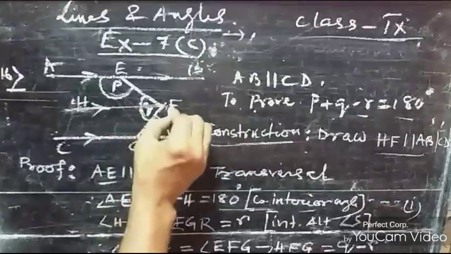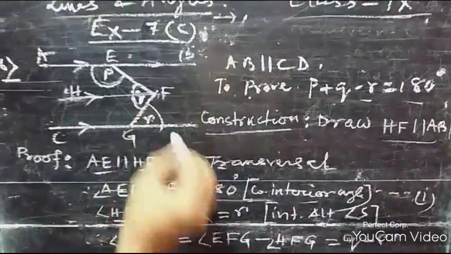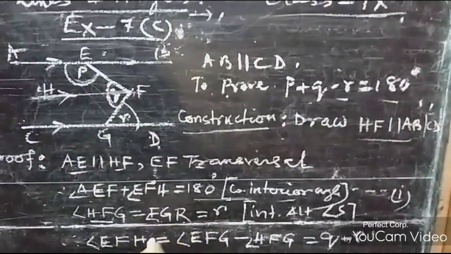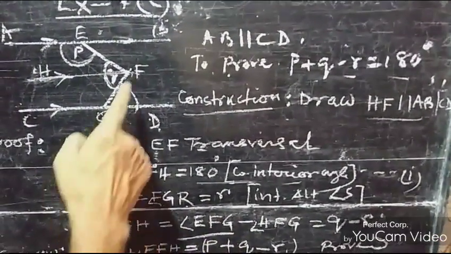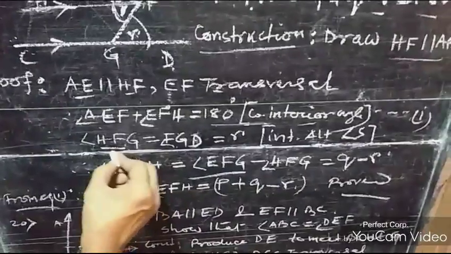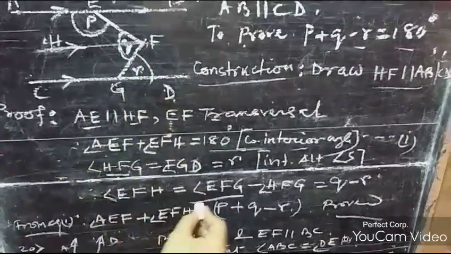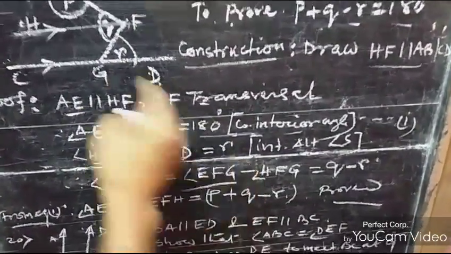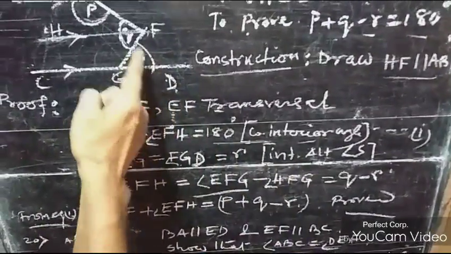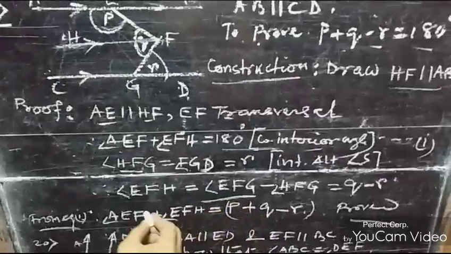So angle HFG equals angle FGD, which is actually angle R. So it is alternate interior angles.